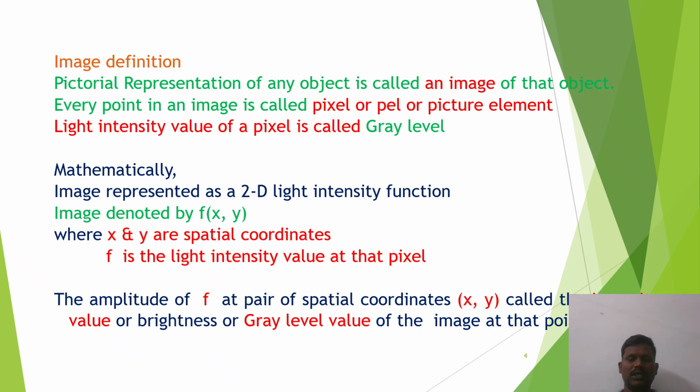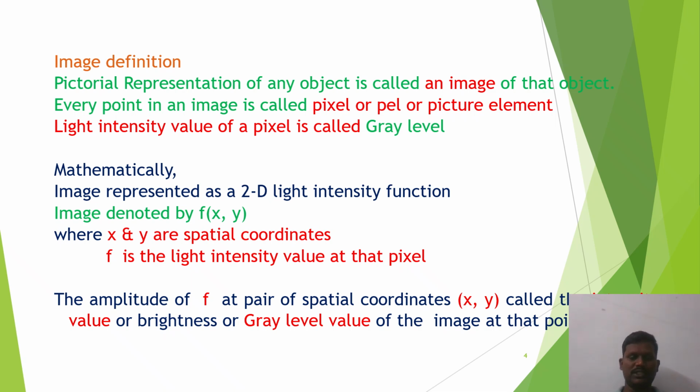So an image is a two-dimensional function, meaning each point in the image is represented with spatial coordinates x, y, and at each spatial coordinate there is a light intensity. The light intensity at that point is called gray level or intensity. That is the reason we represent any image mathematically as a two-dimensional light intensity function.